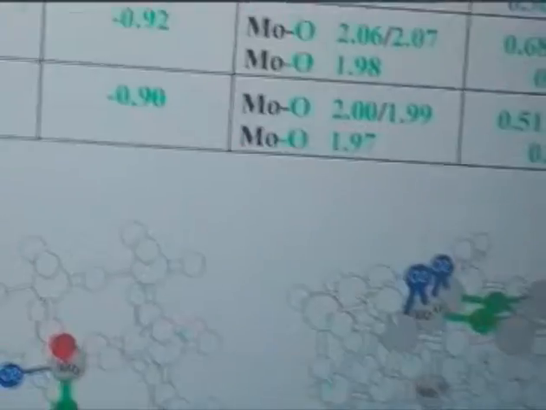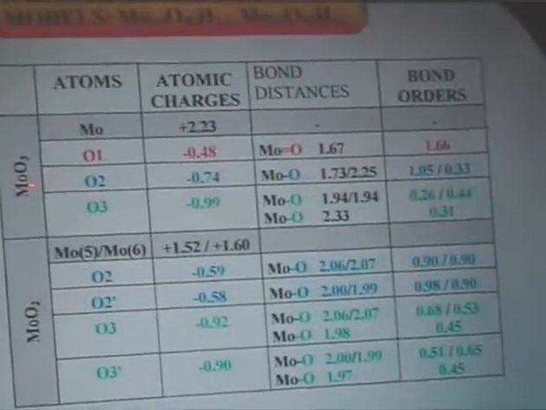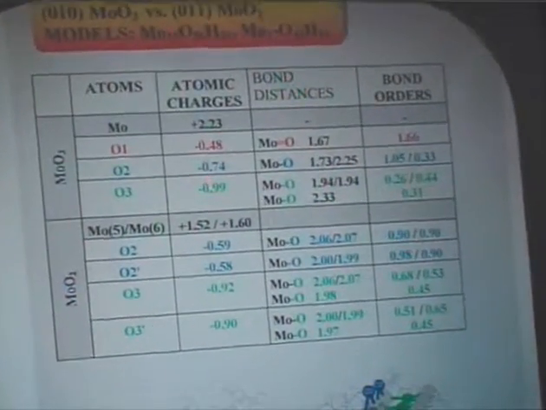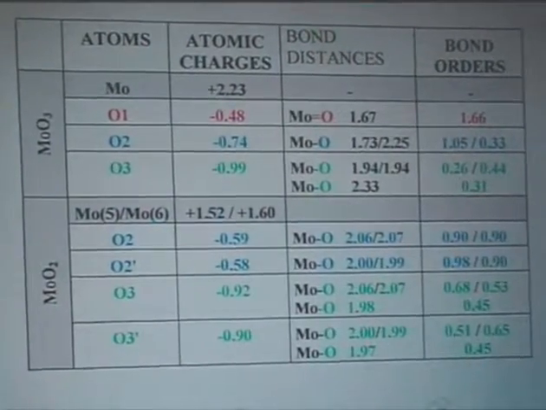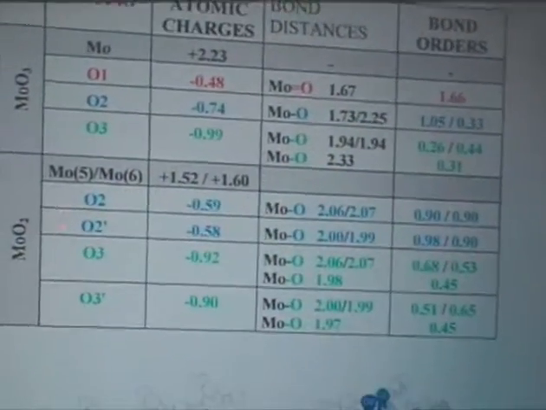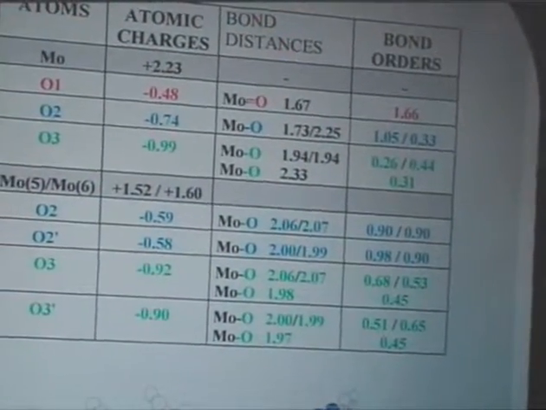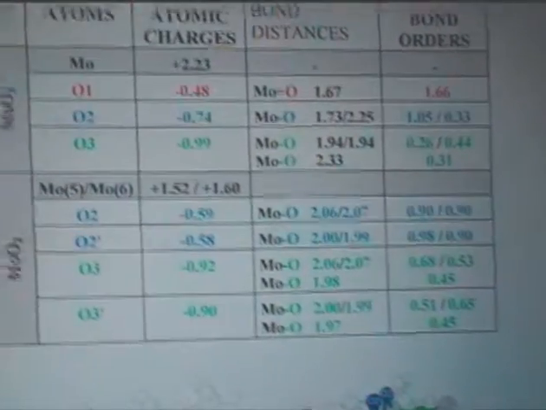The second point, which is very important, is that the difference between molybdenum plus in molybdenum trioxide and dioxide is not 2, but about 0.7. So this means immediately that both systems are not purely ionic systems, but have a great covalent contribution.